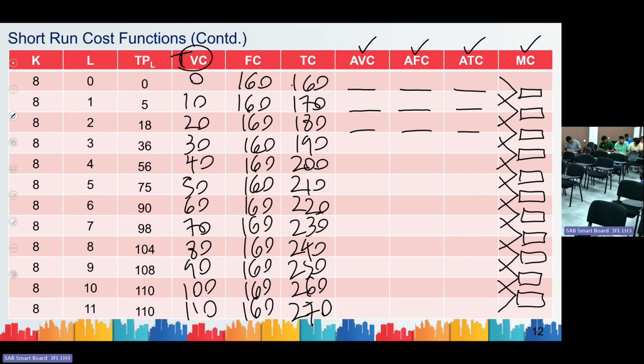AVC is total variable cost divided by total output. Don't divide it by labor, okay?